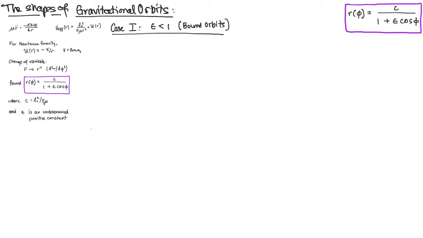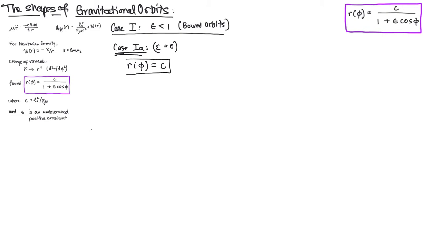We'll start with case 1a, in which epsilon is equal to 0. And this case doesn't take that long to discuss, because if epsilon is equal to 0, then the denominator is just 1, and the whole right-hand side is just equal to c, a constant.